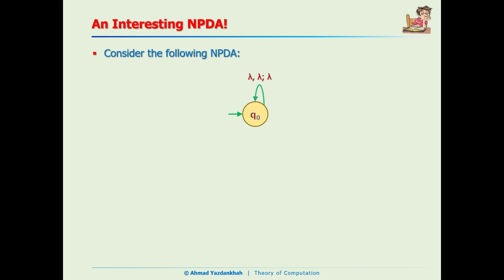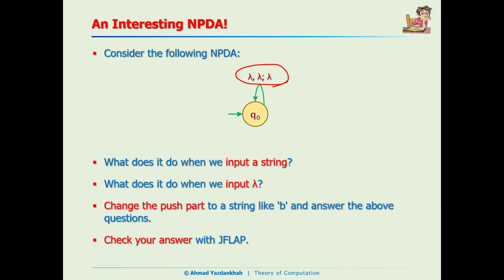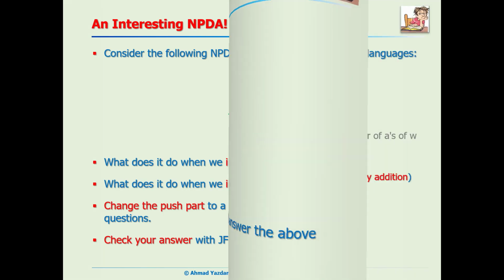I put some interesting NPDA for you guys. So try to simulate this with JFLAP and try to answer this question. This can be a good exercise for you guys.